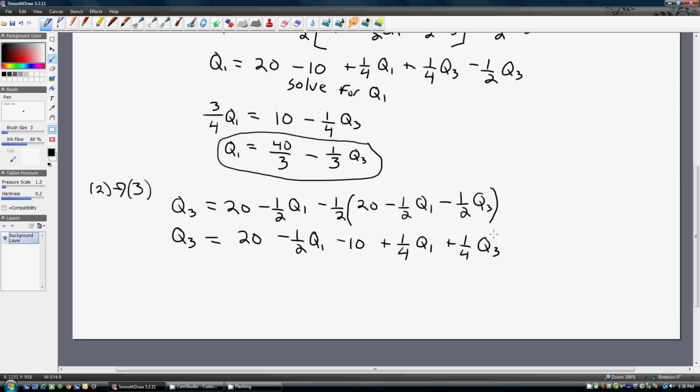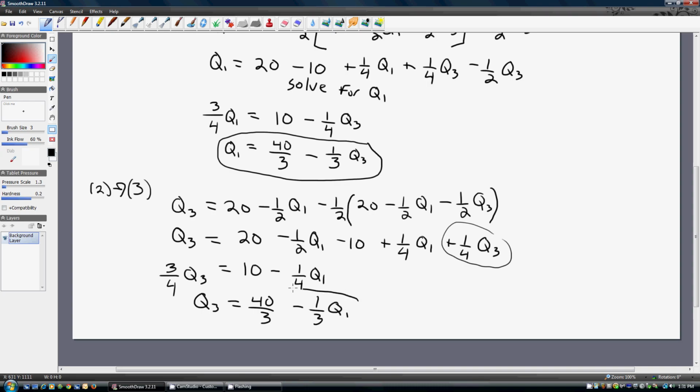I'm going to first move this term over to the left-hand side by subtracting 1/4 the output of firm 3 from both sides. 20 minus 10, we get the 10 there, and then minus 1/2 the output of firm 1 plus 1/4 the output of firm 1 leaves us with minus 1/4 the output of firm 1. Simplifying, we're left with this result.